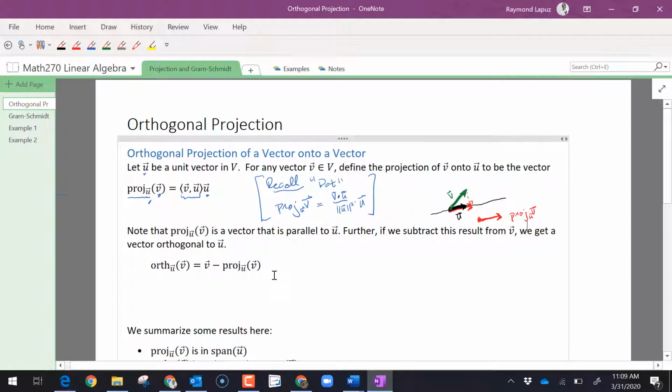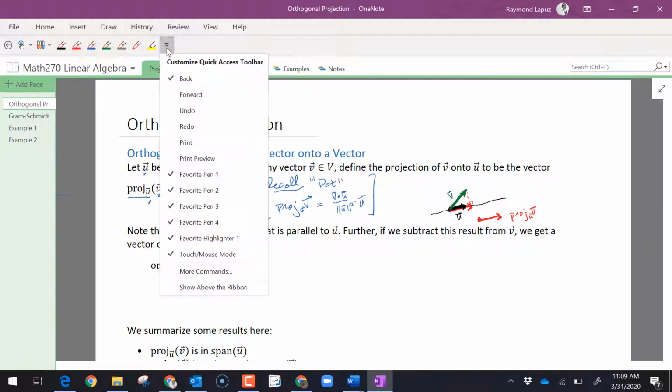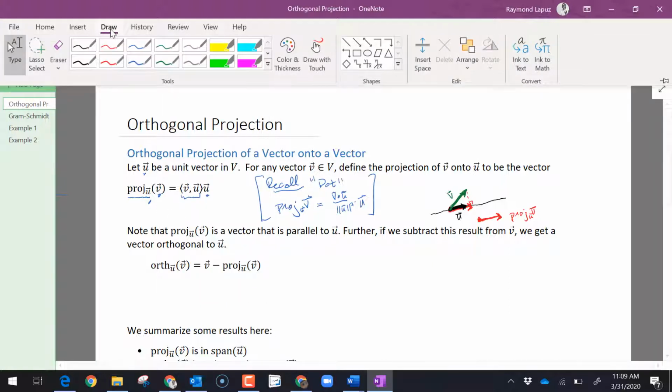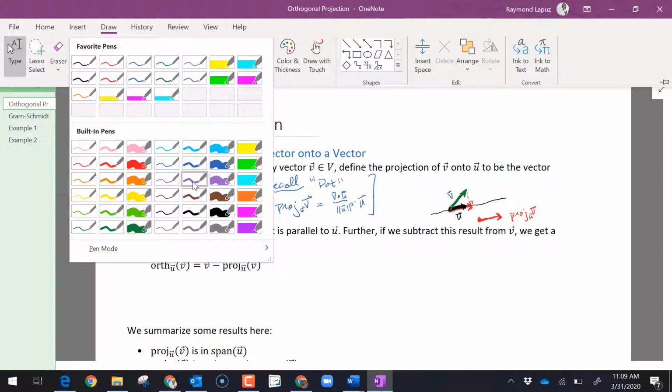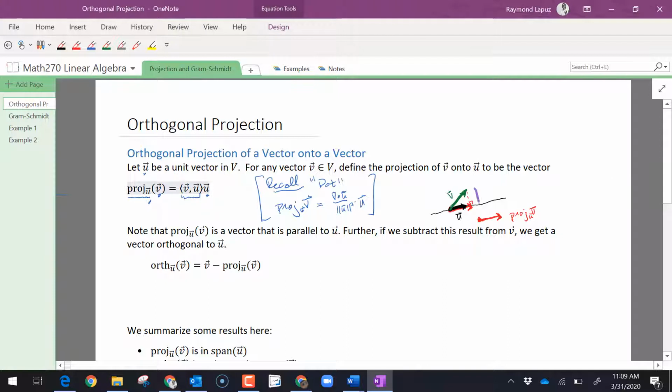Now it turns out that since this is an orthogonal projection, we can subtract v minus this projection vector that we just got, and then we're going to get another vector. That other vector turns out to be another important vector for us. It is orthogonal to u. Not just orthogonal to u, but actually orthogonal to the whole subspace spanned by u.